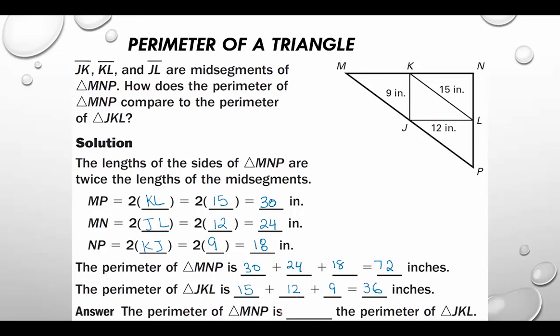So I'm comparing MNP to JKL, and we know that if I take 72 and divide it by 36, I end up with 2. So the perimeter of MNP is twice the perimeter of triangle JKL.